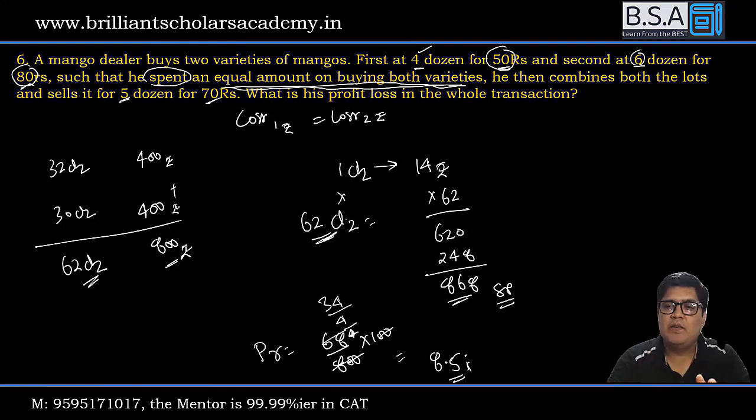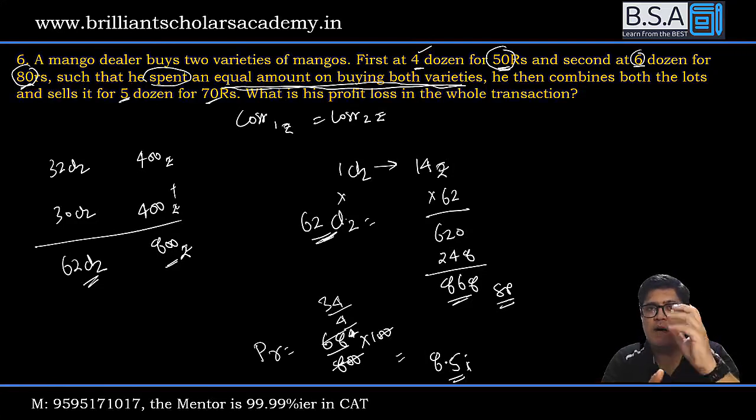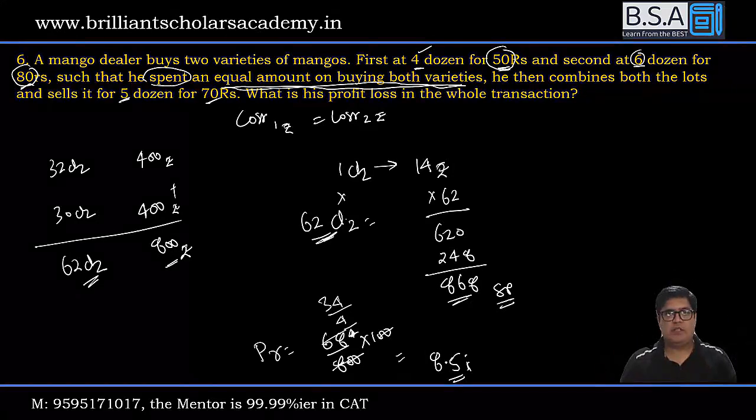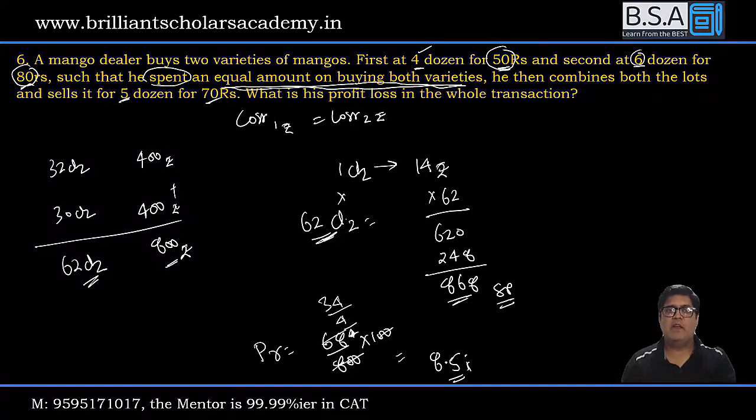Try to focus on how these amounts are being equated. What are we basically equating here? You are going to purchase two products, and to purchase them you have to spend an equal sum. Equal money should be given to both products. So I'm thinking of a multiple of 50 and a multiple of 80. It is 400. So 400 rupees are spent.